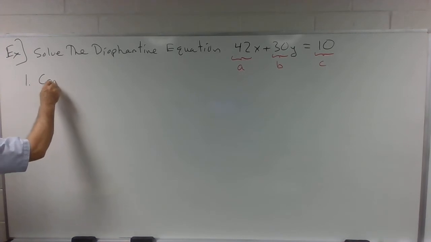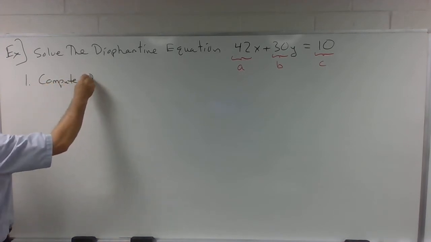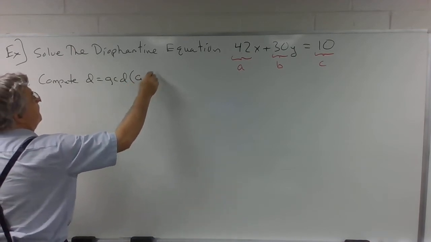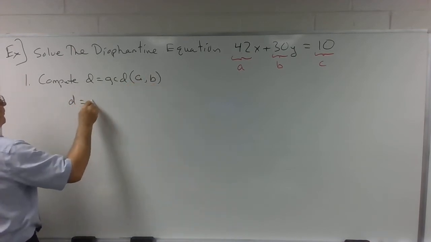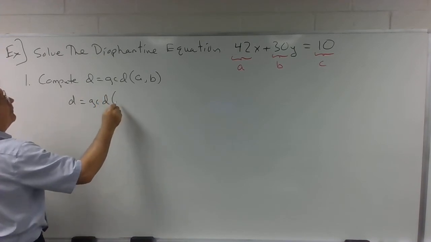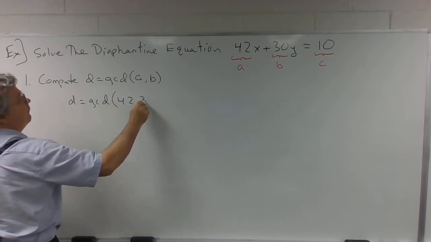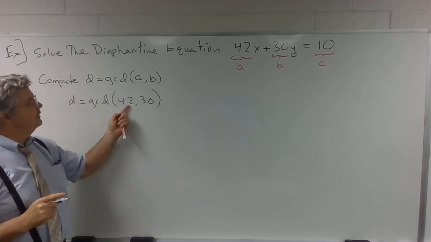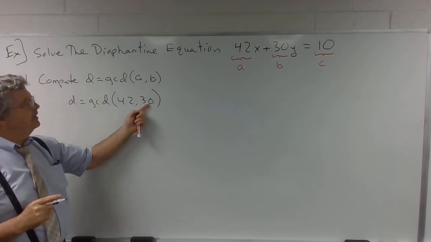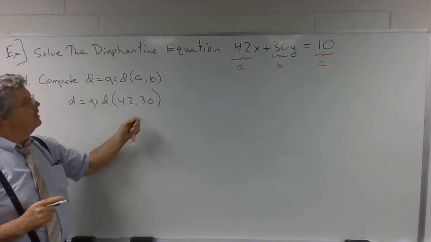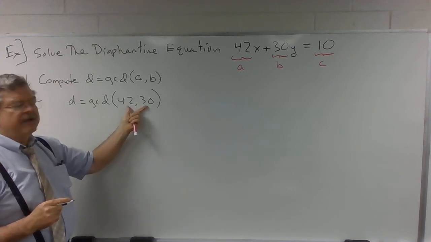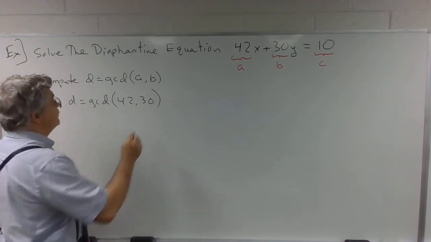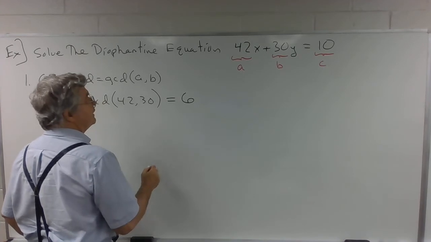So, let's see, 42 is 6 times 7, 30 is 6 times 5. So these two both have a factor of 6 in common and no others in common. So the greatest common divisor is 6.